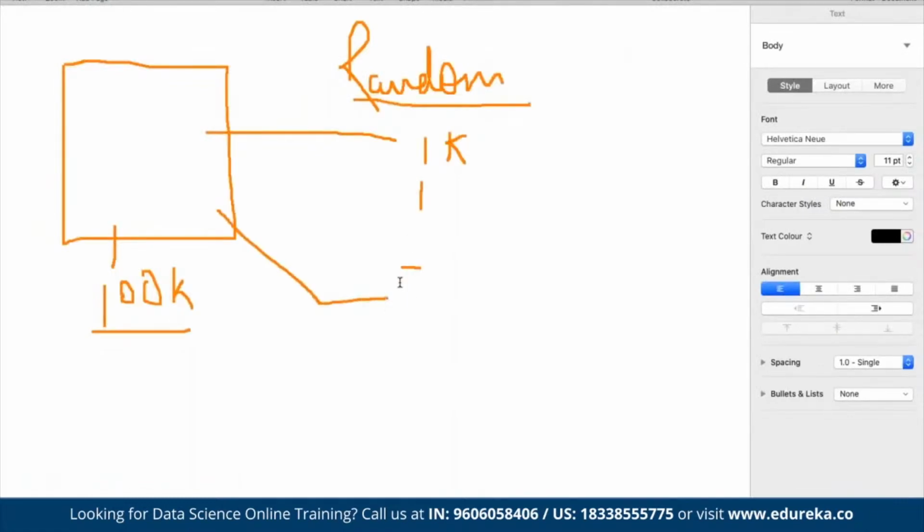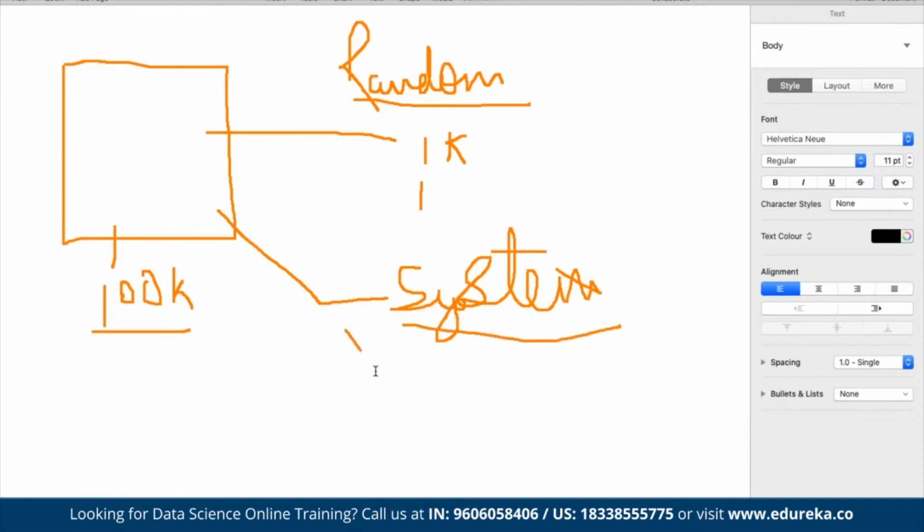Suppose in systematic sampling, we simply divide the entire sample. Suppose we have a 100,000 population with us. In systematic sampling, we divided them on the basis of gender, that is, male and female.